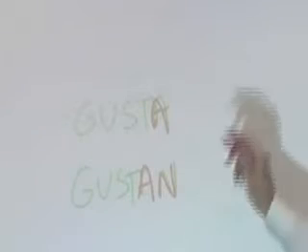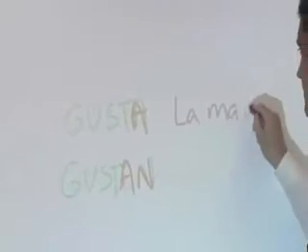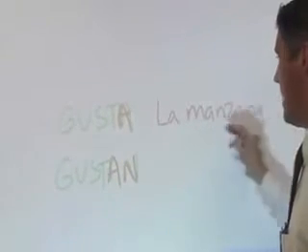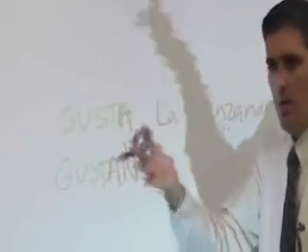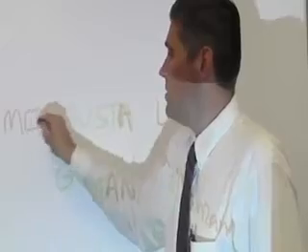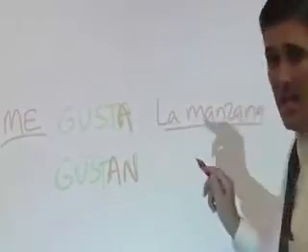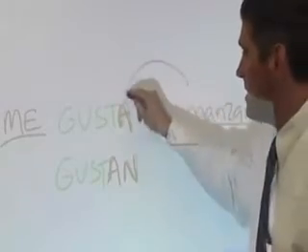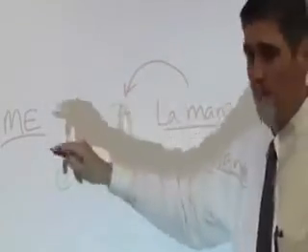So if we're talking about maybe the apple, la manzana, la manzana is pleasing. Well, it's pleasing to whom? To her, to him, to me? We'll say it is pleasing to me. Me gusta la manzana. In other words, the manzana is the subject of the sentence. It's conjugating the verb. The apple is pleasing to me.